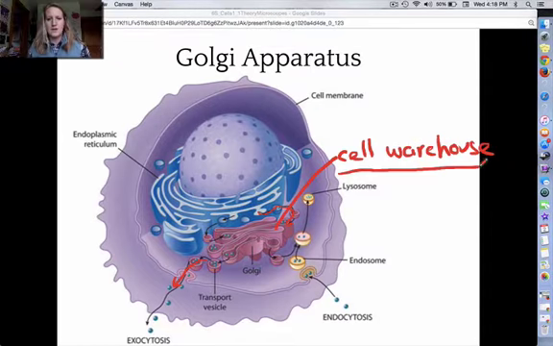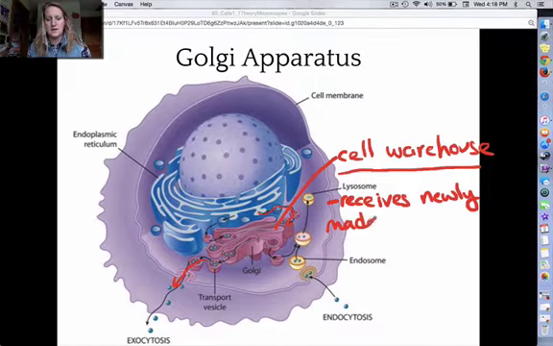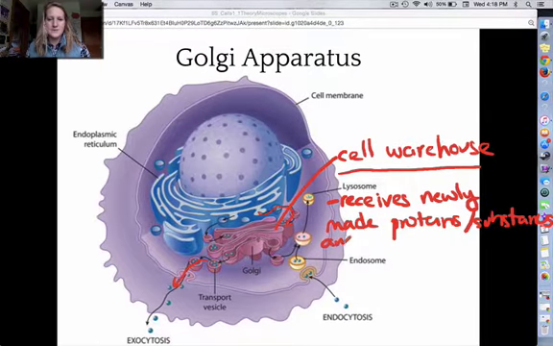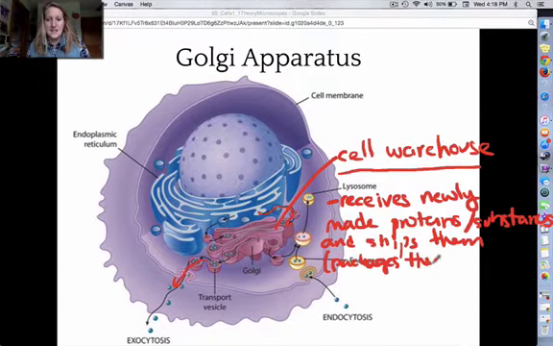The Golgi apparatus is the cell warehouse, meaning that it receives newly made proteins or substances, packages them, and then ships them to where they need to go.